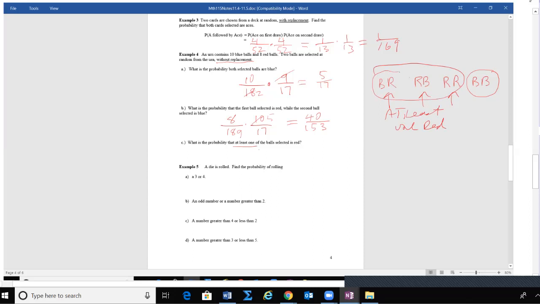It is the complement of this one, which is 2 blues. Of course, we could calculate the probability of this right here. We can get that directly if we're careful. But it seems easier to just figure out two blues.